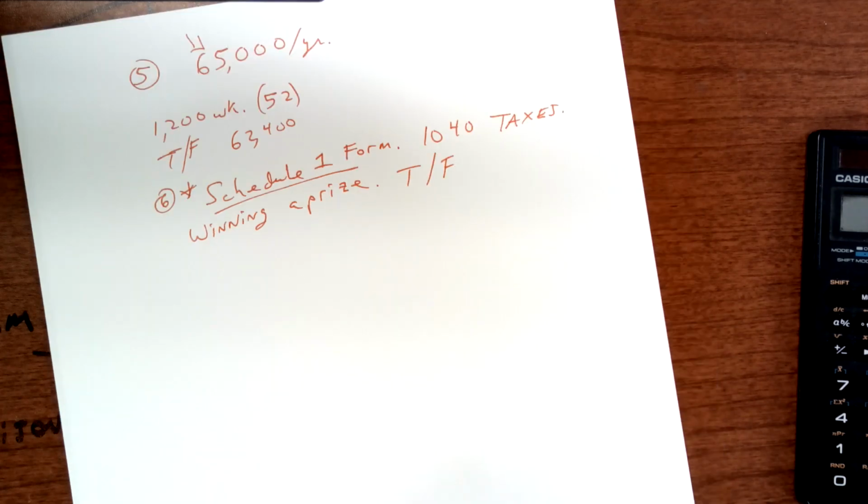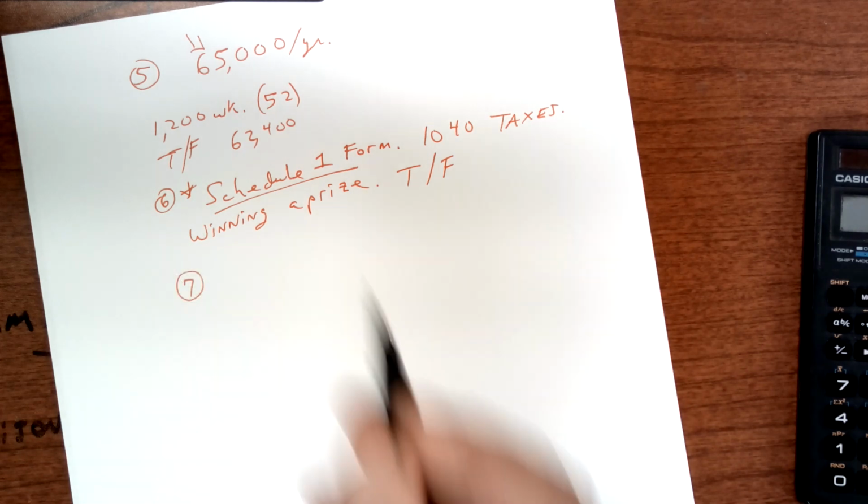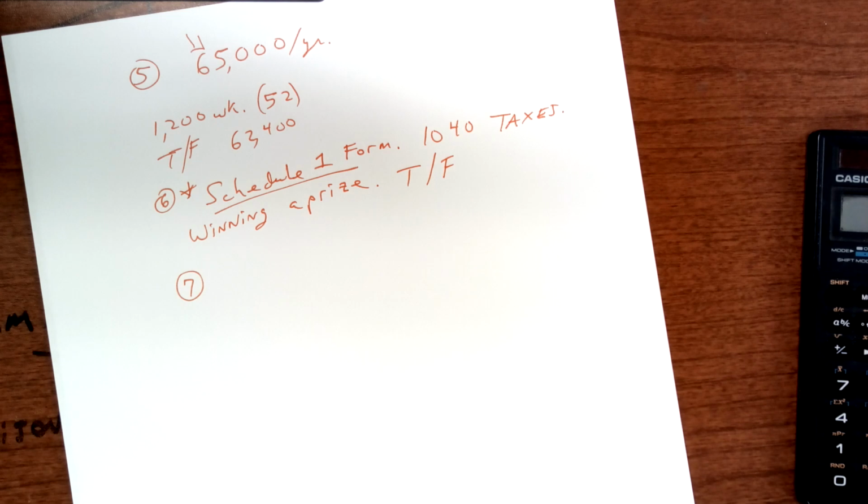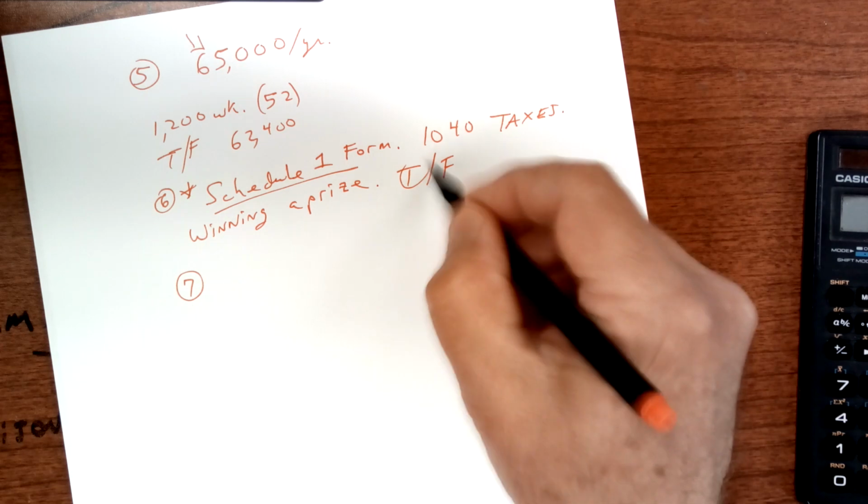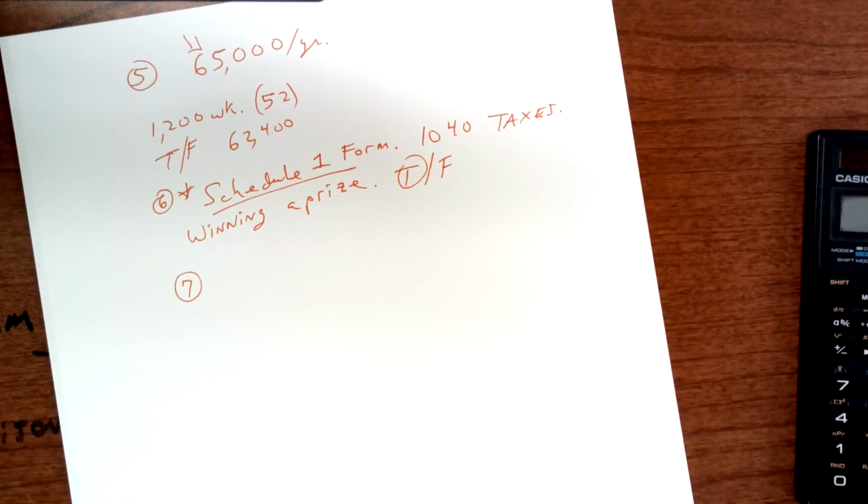What is a Schedule 1 form on your 1040 taxes? Okay, so on that one right there, just so you know, that one is true. A Schedule 1 is what you have to fill out if you win money or whatever. Even at bingo, they have to report it if it's so much, I'm sure. All right, let's keep moving.